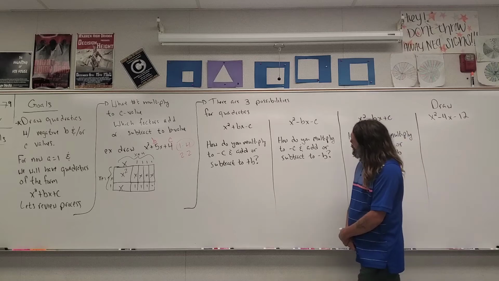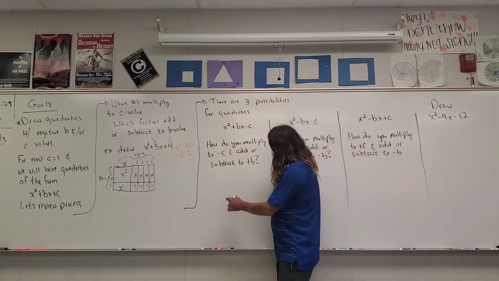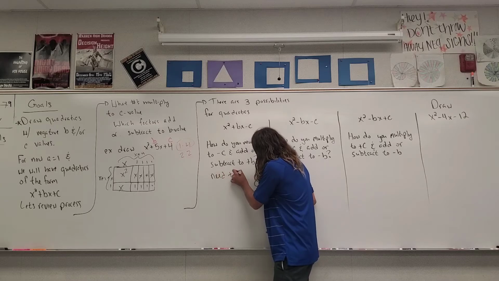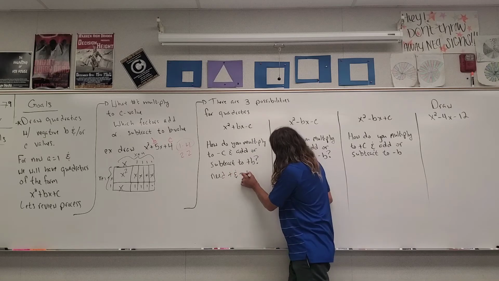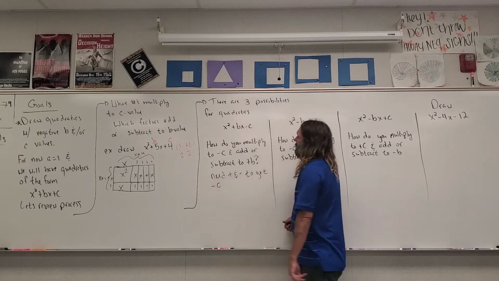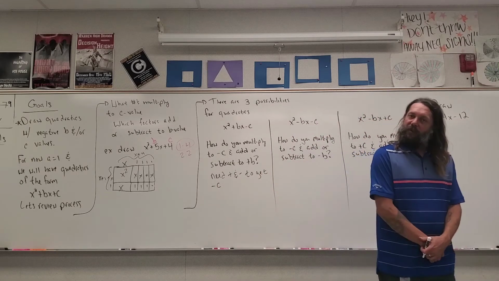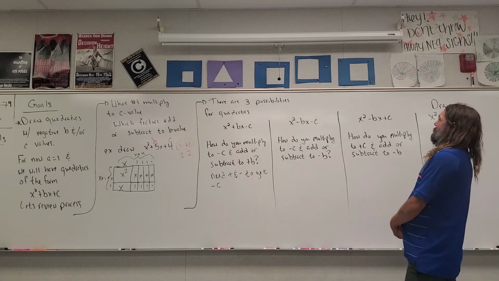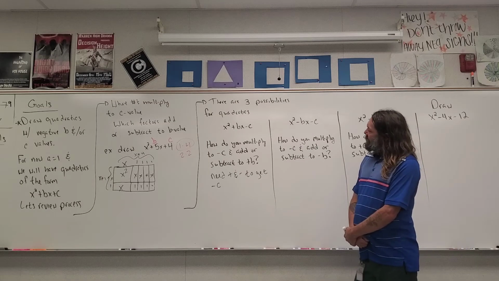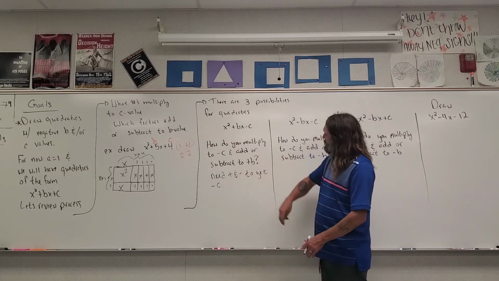Well, the only way that you can multiply to a negative c value is we need a positive and a negative to get a negative c. So I have to have opposite sign factors. And how do I subtract, because I have a positive and negative, how do I subtract to a positive number?